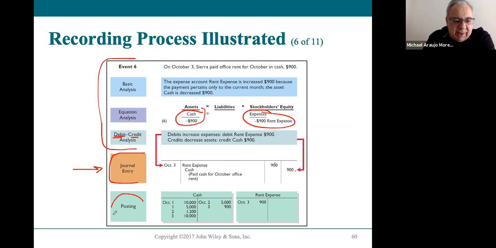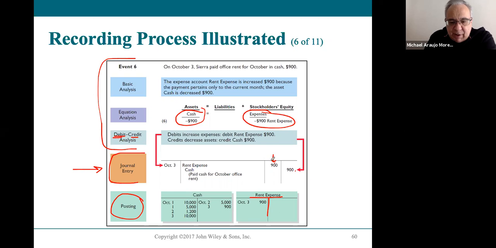What happens after that? These numbers move to their respective accounts in the ledger, which basically is here. This $900 debit to rent expense shows up on the debit side of the rent expense account. Remember, all accounts have those two sides, debit and credit side.